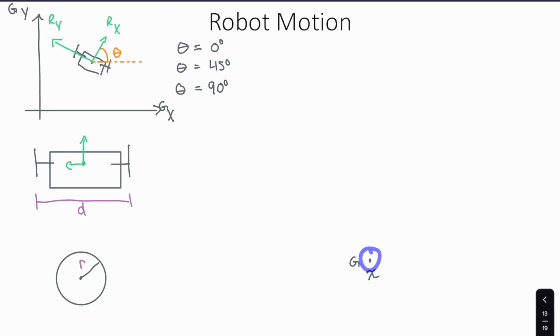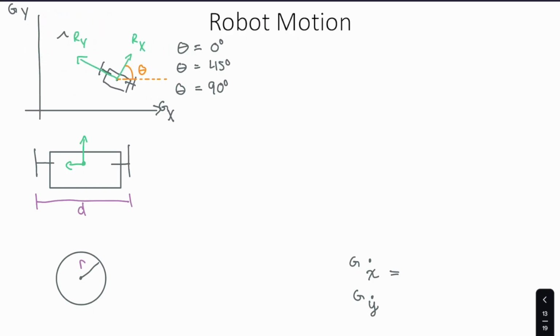So I'll favor using this dot notation just for simplicity. So we want to know what this equation is equal to. Likewise, how y changes in the global coordinate frame. That's analogous to looking at our robot here and figuring out if it's moving purely in the x-coordinate, in the y-coordinate, or some combination of the two.